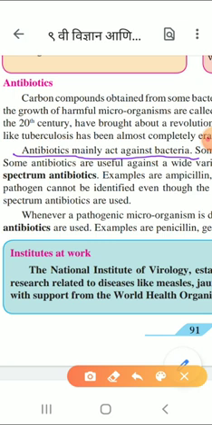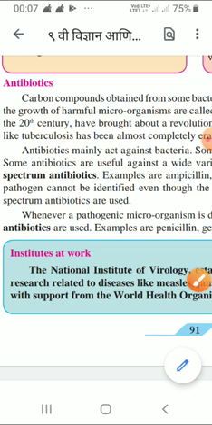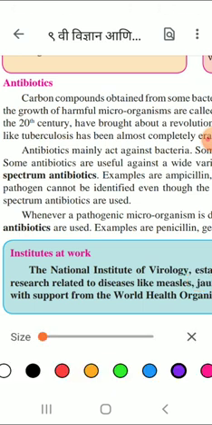Antibiotics which are useful against a wide variety of bacteria are called broad spectrum antibiotics. So let us show you here.